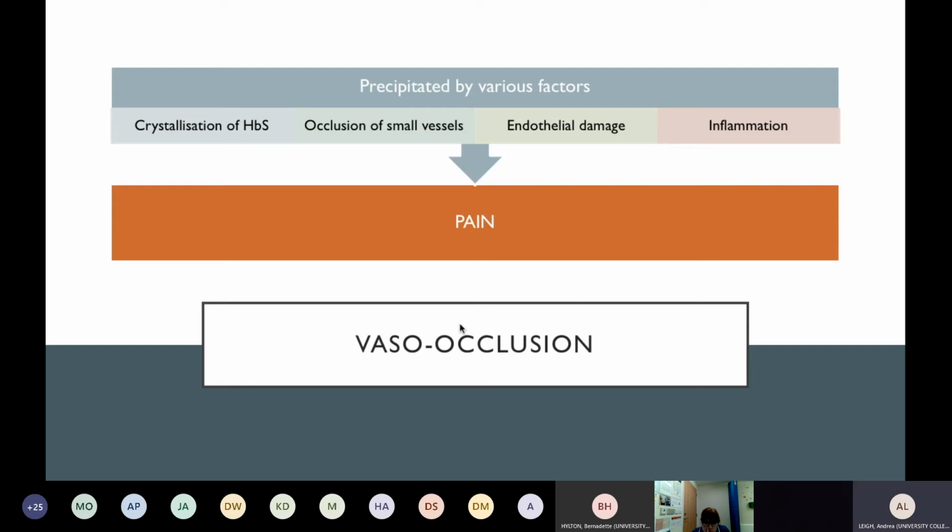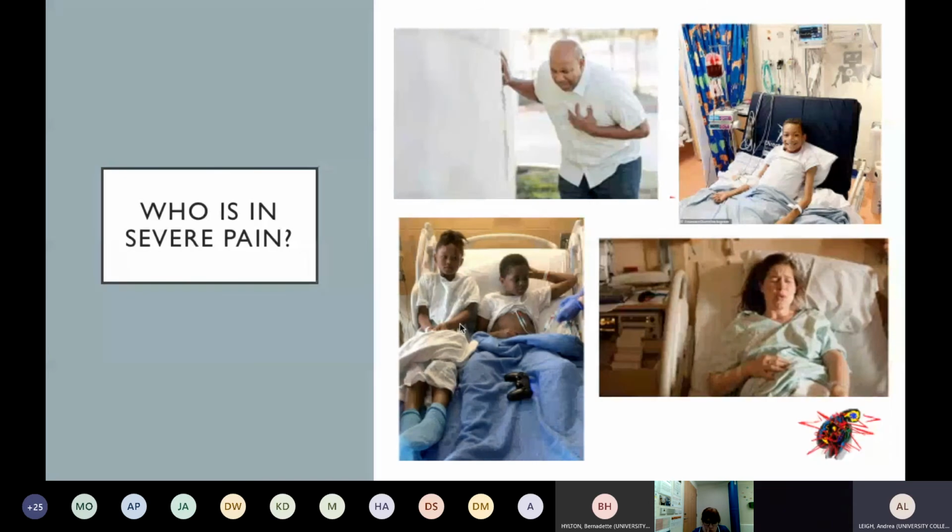So one thing that I would really reiterate, as Bernard was saying, is that nothing is more important for these kids and families than kindness and understanding a bit about what they're going through. These pictures are really helpful, because we can recognize that this guy looks like he's having a heart attack.